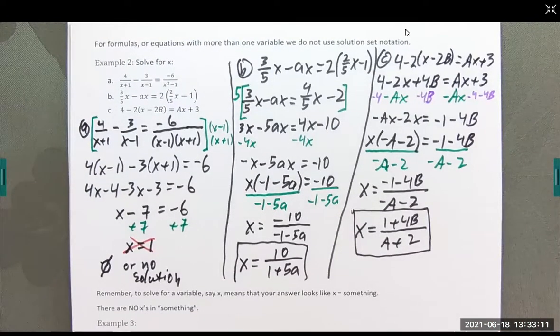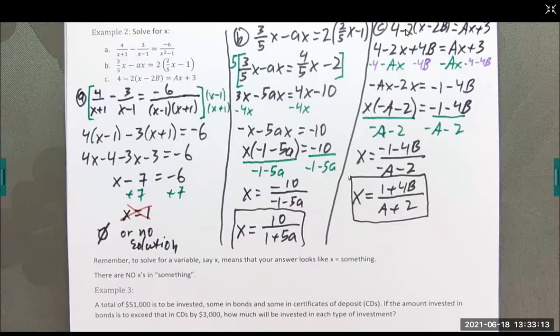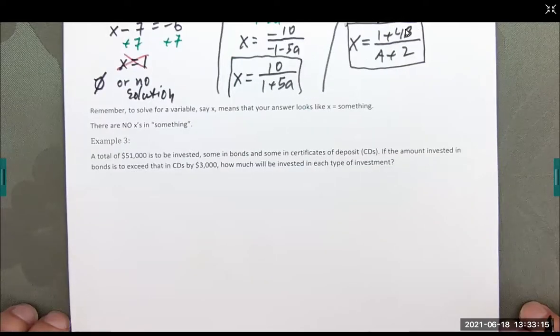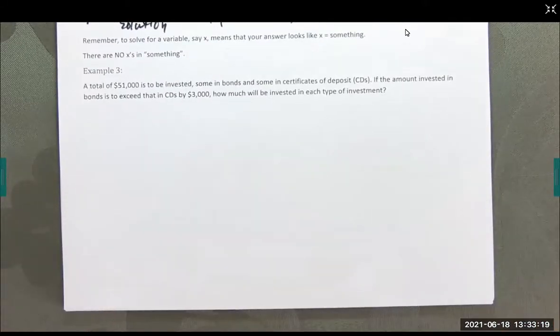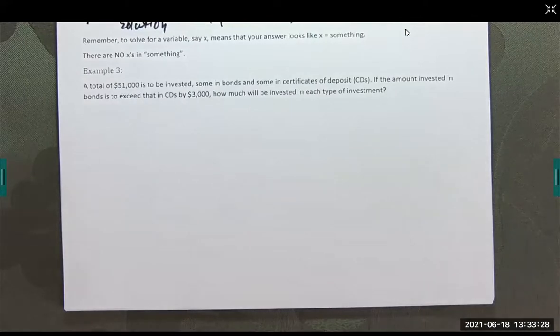Now we have an application. Three, a total of $51,000 is to be invested, some in bonds and some in certificates of deposit, CDs. If the amount invested in bonds is to exceed that in CDs by $3,000, how much will be invested in each type of investment?